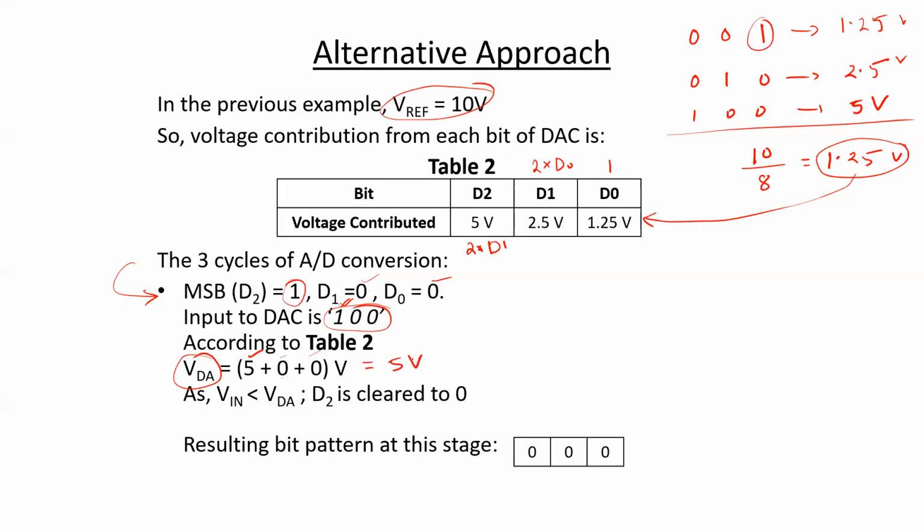So you will have 5 volts as your output from the DAC. Similarly to the previous case, this 5 volt will be compared with the input voltage of 3.2 volts, and as VDA is greater than Vin, D2 should be cleared to 0. So this will be the corresponding bit pattern.